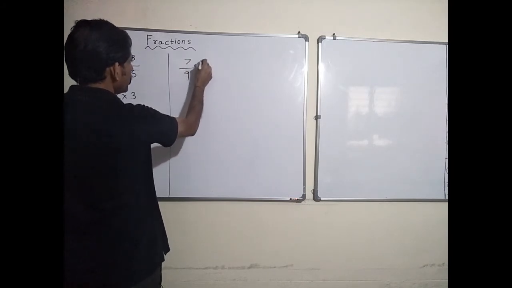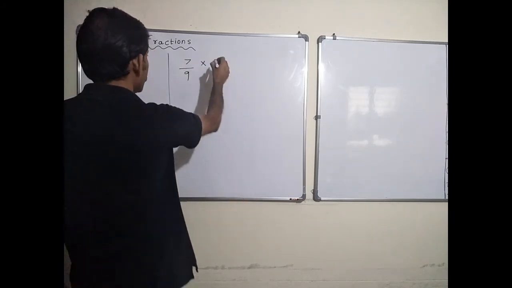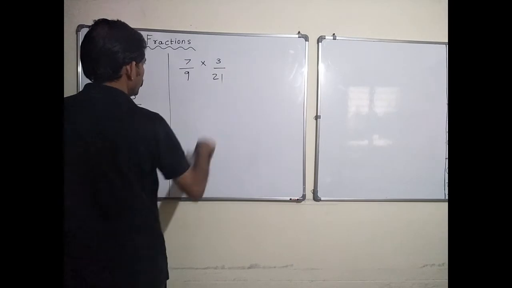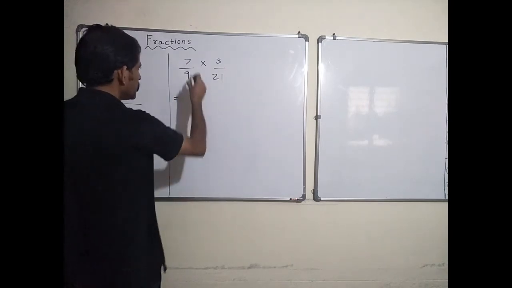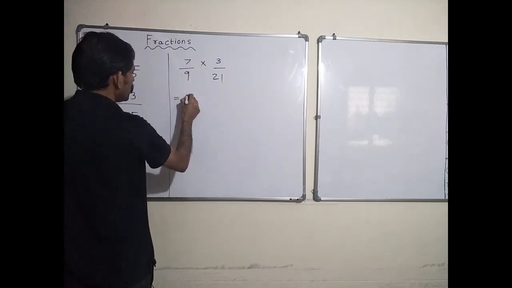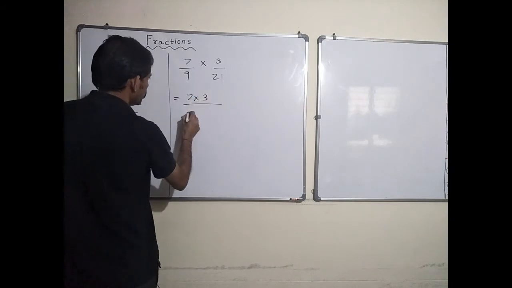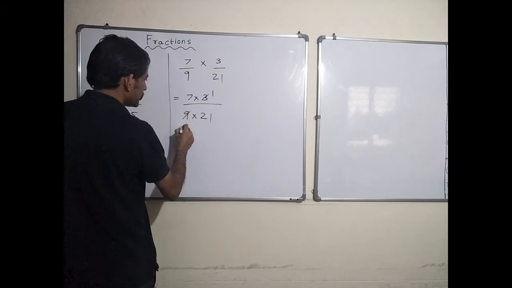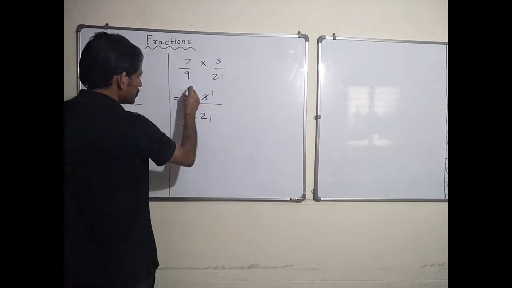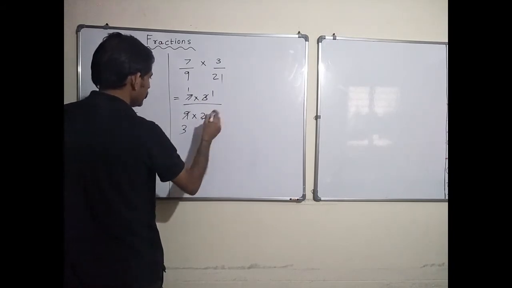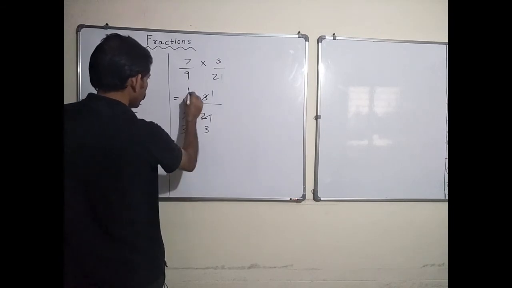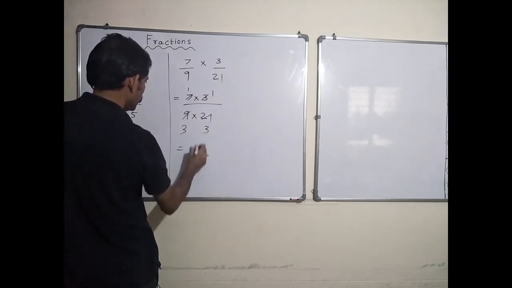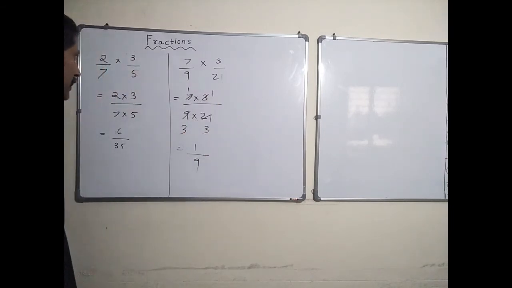All right, let's take a look at this: 7 by 9 into 3 by 21. So this becomes what? I'll multiply the numerators first and the denominators. Can I not say 3 1s are 3, 3 3s are 9? 7 1s are 7, 7 3s are 21? So can I not say 1 into 1, 3 into 3? So this becomes 1 by 9.